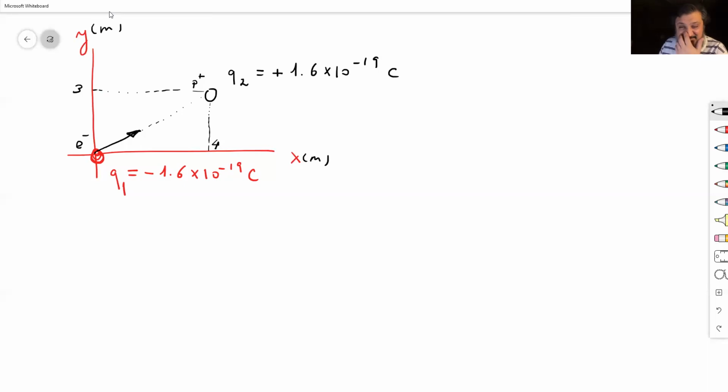Okay, so let's just write the force as a vector using unit vectors. And let's calculate the magnitude as well, all right? So this force on the electron will have an x component and a y component, right?